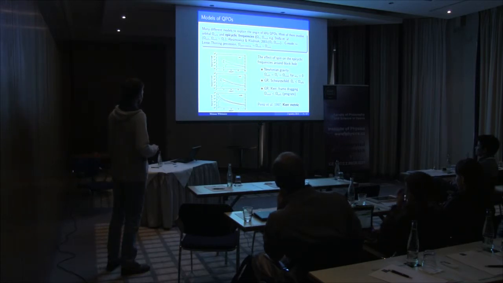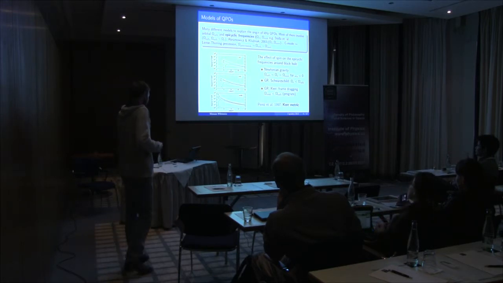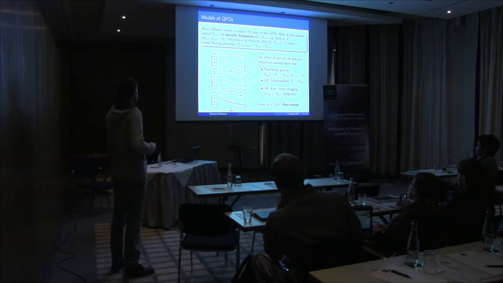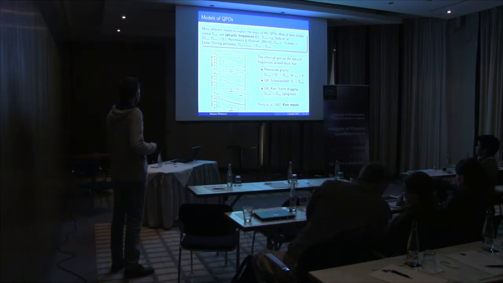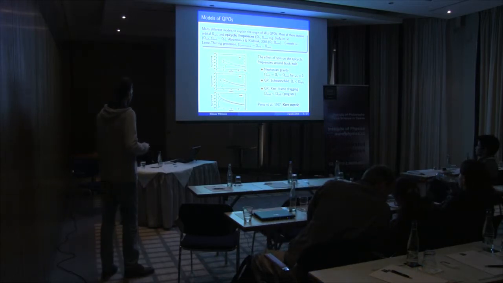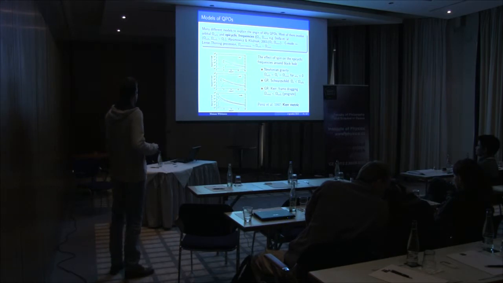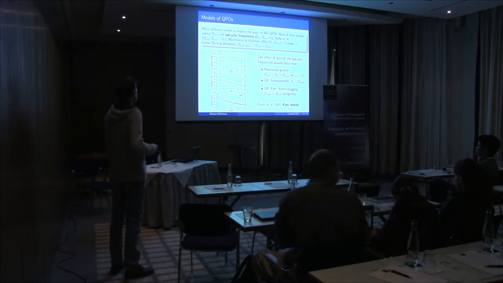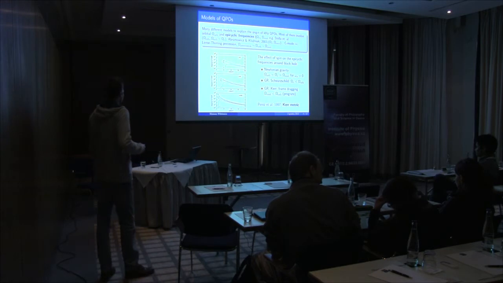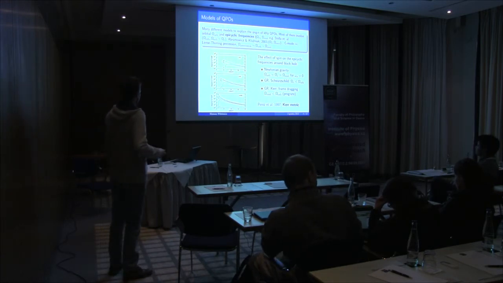This picture corresponds to the non-rotating case, and we see that the orbital frequency and vertical epicyclic frequency are equal to each other, and the radial epicyclic frequency is lower than the orbital.